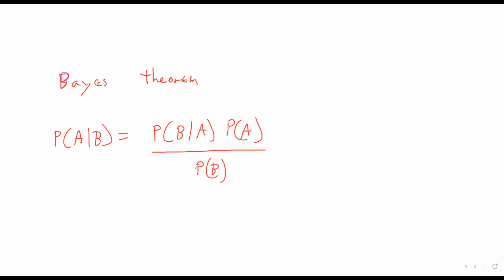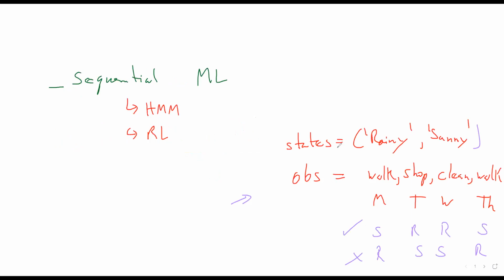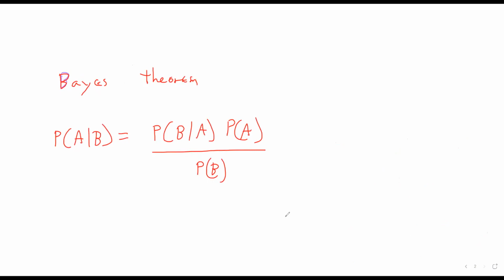That's Bayes' theorem. And actually, it's quite important, because if you think about it, our original problem is this one. I have observation walk, shop, clean, walk. I want to predict correctly sunny, rainy, rainy, sunny. So we use Bayes' theorem to write this out.